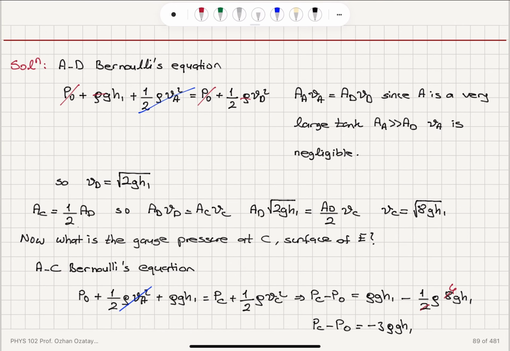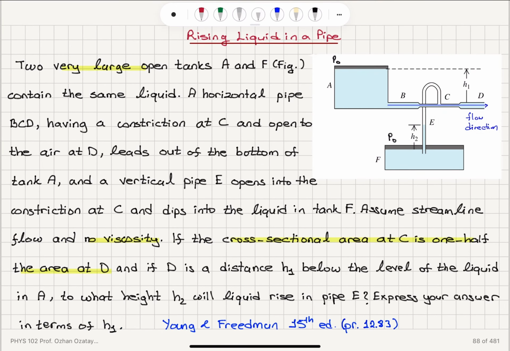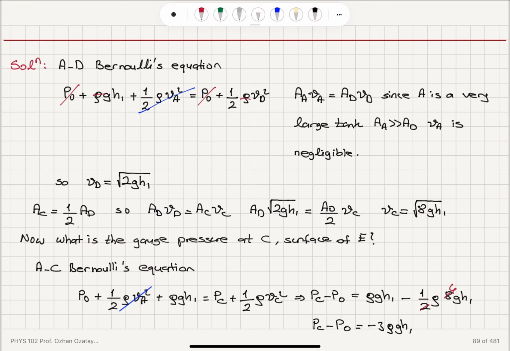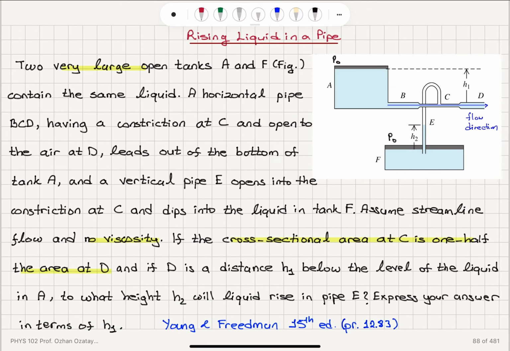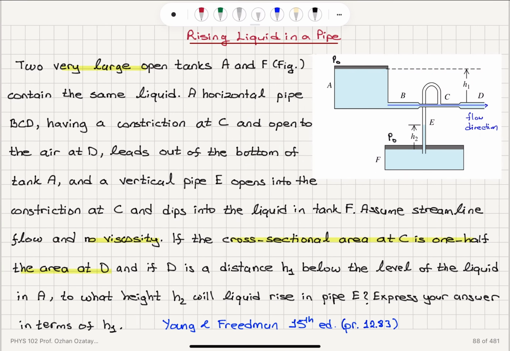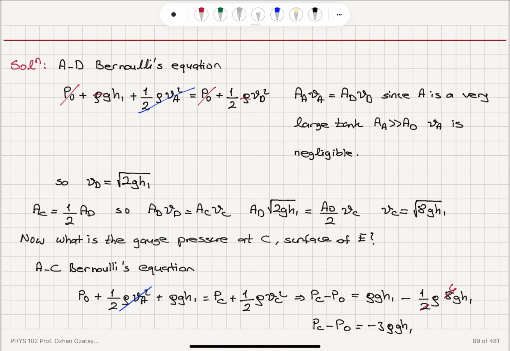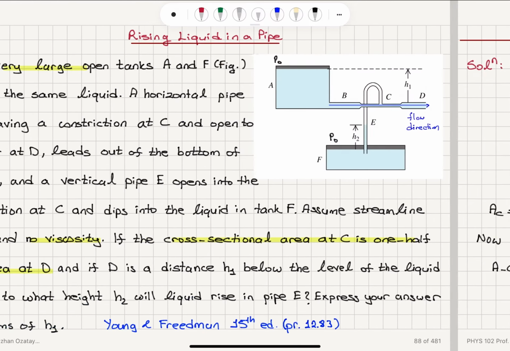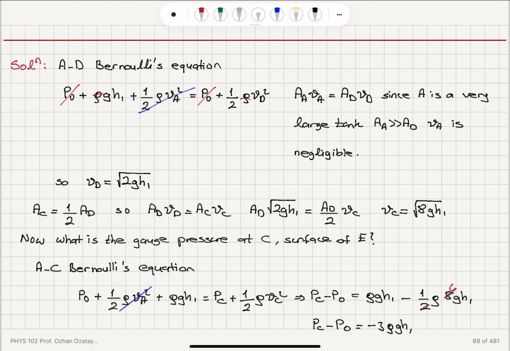First, I applied Bernoulli's equation between the tank A and pipe D. The outside pressure P0 is here, and the outside pressure is also here. So P0, P0 on two sides. I have a potential energy with respect to D, rho GH1. Because of this flow, this top surface is coming down, so it is 1/2 rho VA squared. And because of this flow here, I have a kinetic energy term 1/2 rho VD squared.